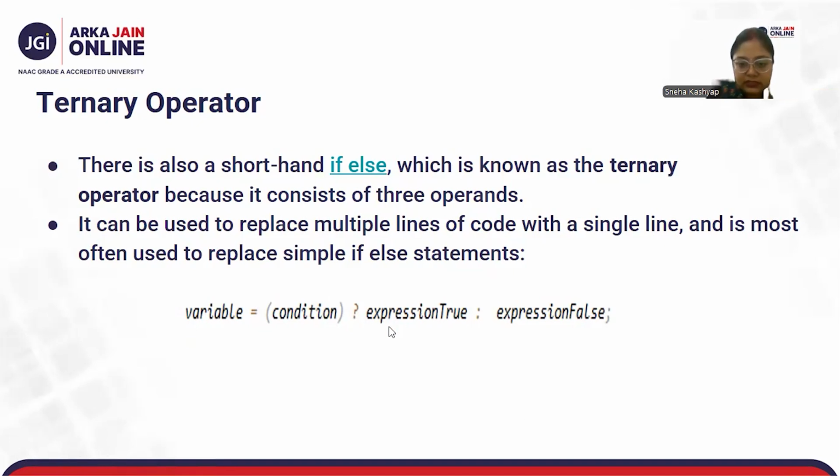So if it rains today, if the expression is true, of course I'll eat the ice cream. Else, the else is working like a question colon, and if is working as a question mark. So else, if it does not rain today, I'll not have ice cream. So these types of conditions are nothing but the ternary operator.